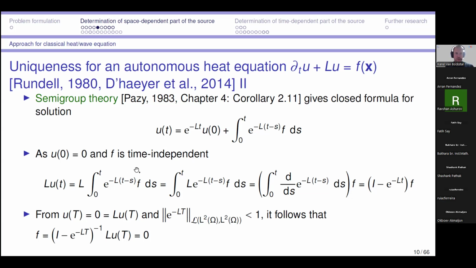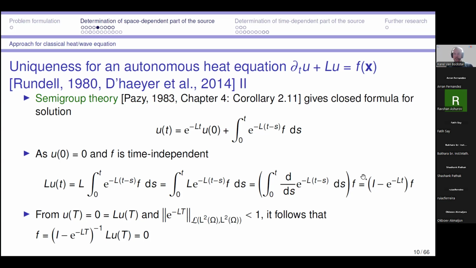So the sketch of the proof is that you apply L on this formula. So the first term is equal to 0, and f is time independent, so we can rewrite this integral in this way. What we have here is I minus e to the power minus LT acting on f.